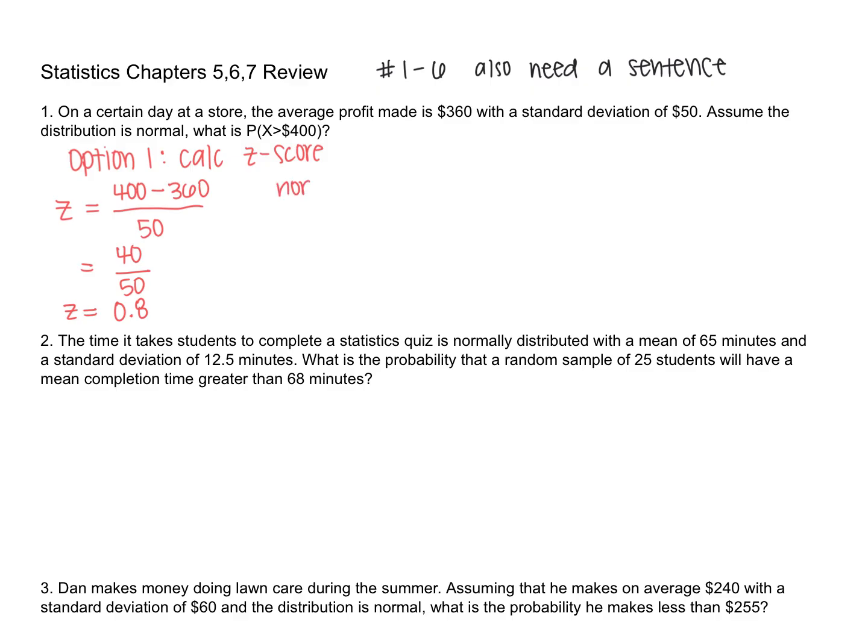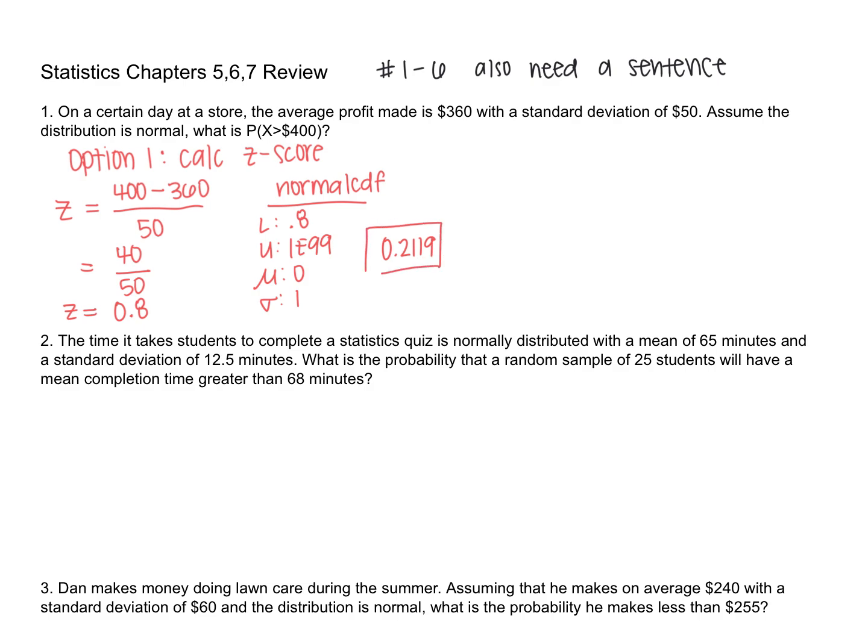Now we go to normal CDF. Because our probability statement is a greater than, the lower bound is 0.8, upper bound of 1E99, and then the mean is 0 and the standard deviation is 1. And we end up with 0.2119.